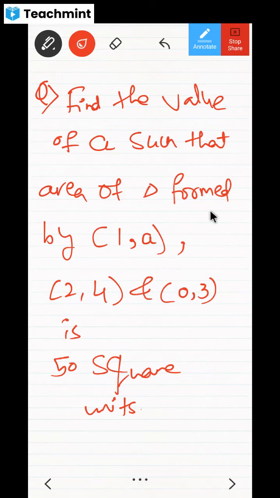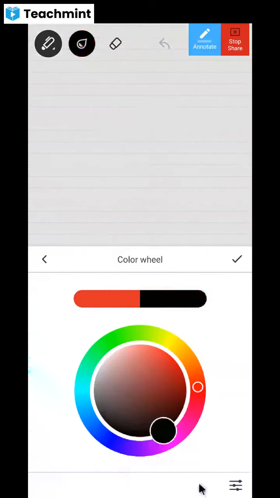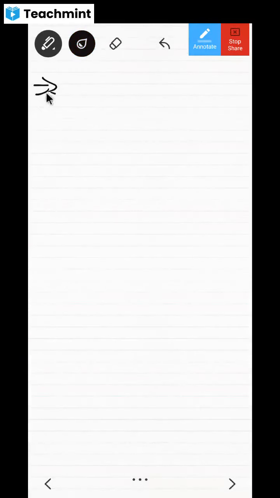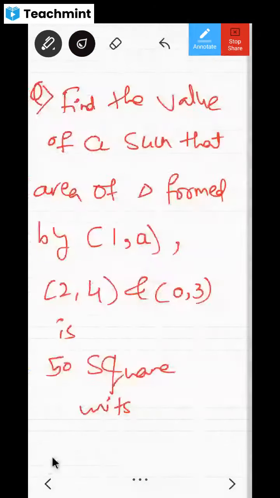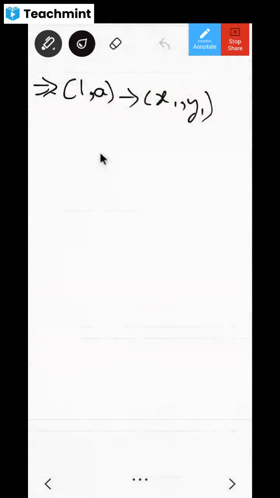Please do this. So what you are going to do here? You are going to take 1 comma a, whatever it is, and call it x1 comma y1. That is for sure. And the next point is 2 comma 4, which you are going to call x2 comma y2.